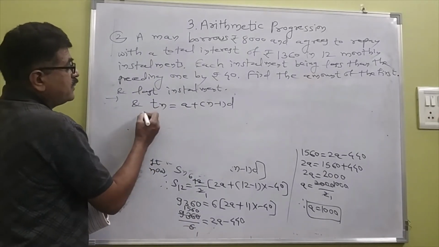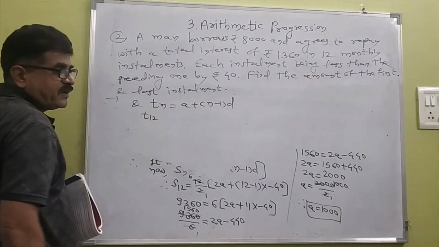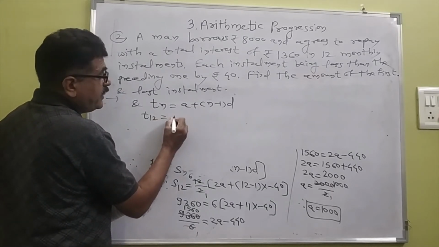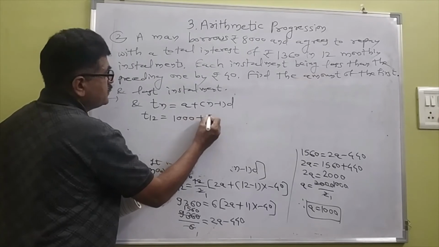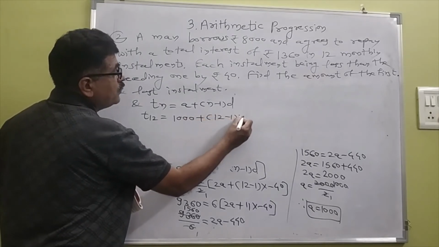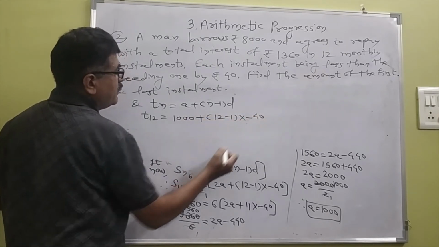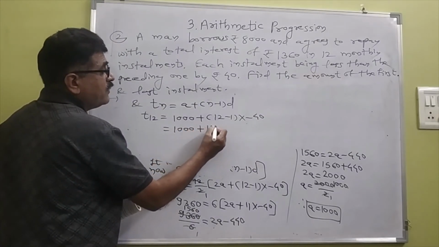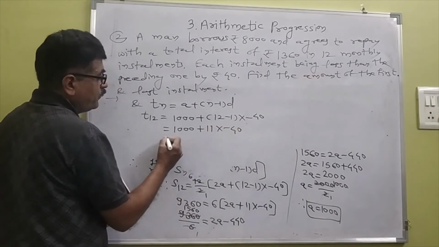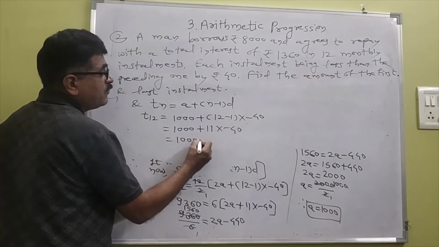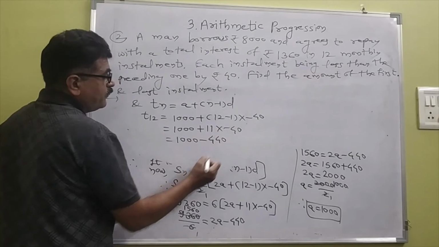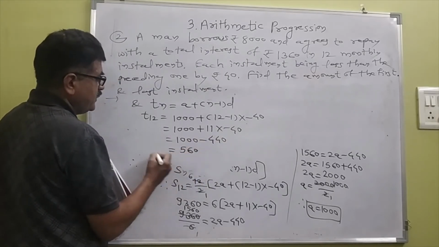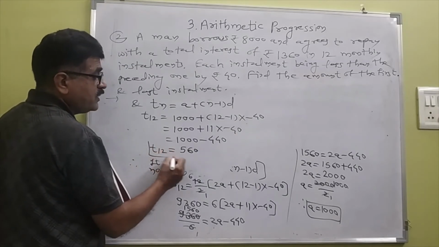T12 is equal to a, which is 1000, plus (12 minus 1) into d, which is minus 40. That is 1000 plus 11 into minus 40, which is 1000 minus 440 is equal to 560. This is the value of T12.